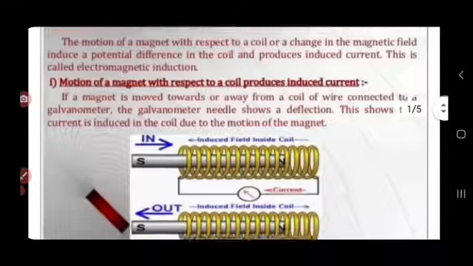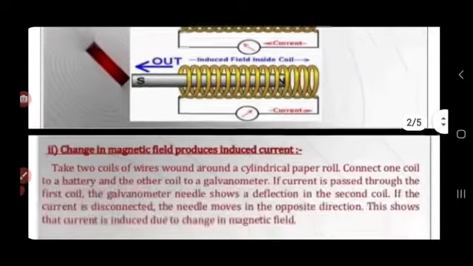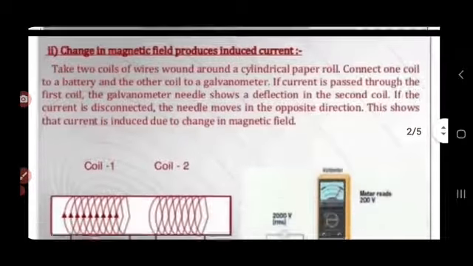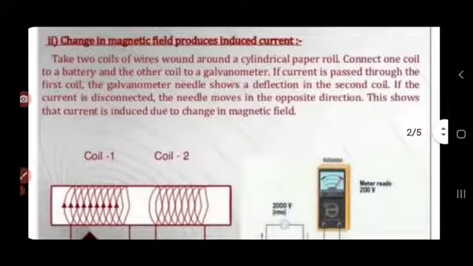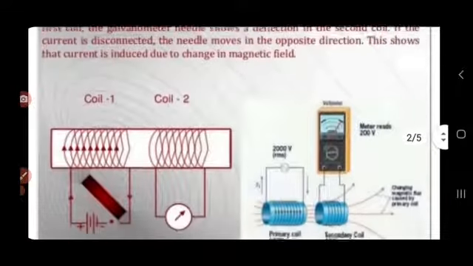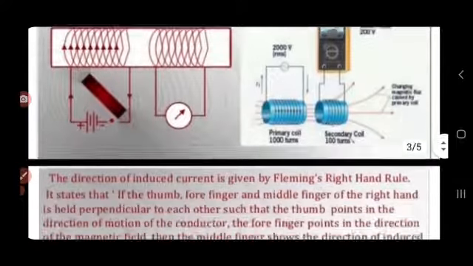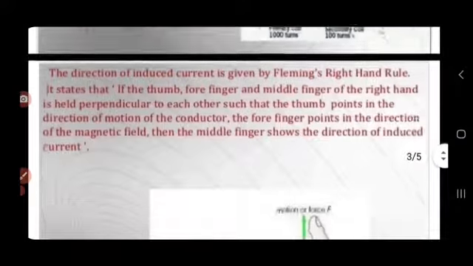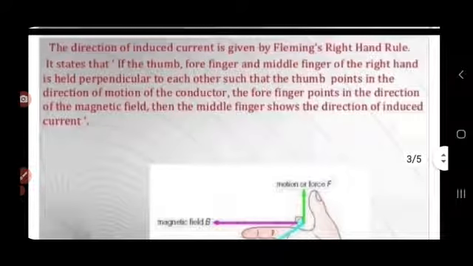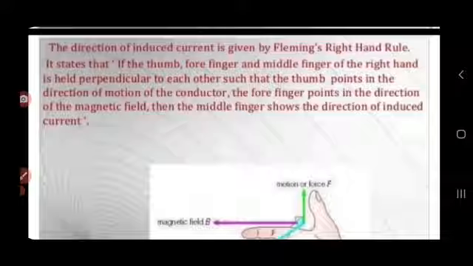Fleming's right hand rule states that three fingers of our right hand, forefinger, middle finger and thumb, are held mutually perpendicular to each other in such a way that forefinger indicates the direction of magnetic field, thumb indicates the direction of motion or force, then middle finger indicates the direction of induced current.